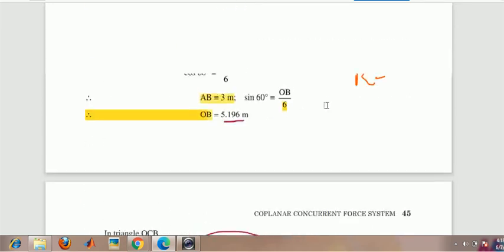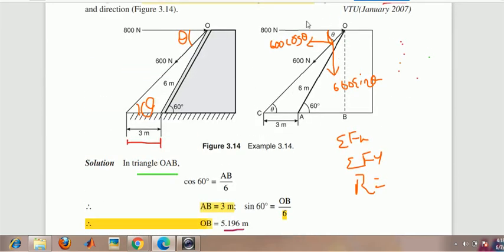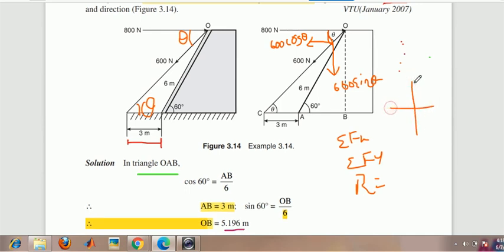Here you need to observe the direction, whether it is positive or negative. 600 is negative because, for our directions, this is positive and this is positive, and this is negative and this is negative. Our force is moving in this direction, therefore it is negative. And the vertical force is also moving downwards, so this is also negative here.